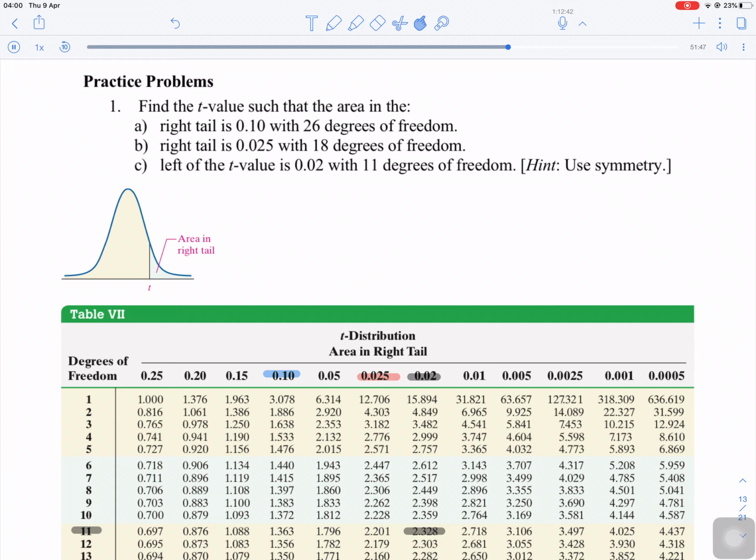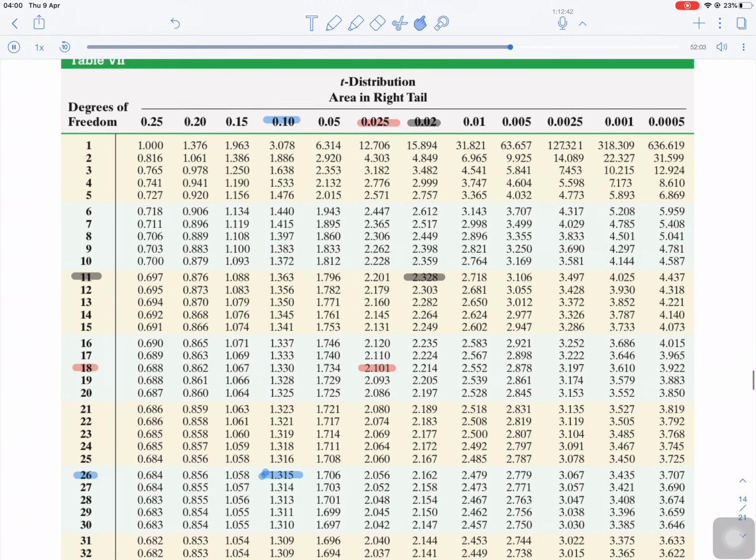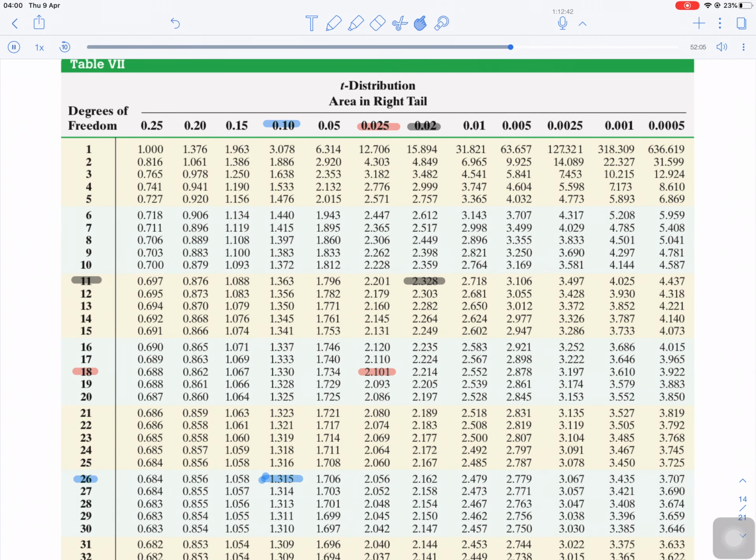Let's ignore the left information for now. Let's assume that we are looking for a t-value which has the area to its right to be 0.02. Looking in the table, with degree of freedom 11 and area to the right of 0.02, we arrive at the t-value 2.328. So this becomes our result.